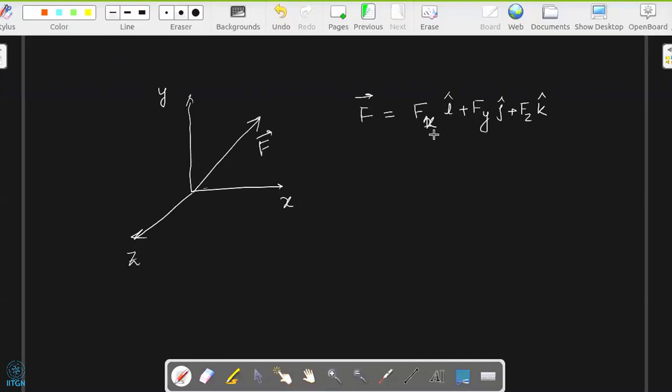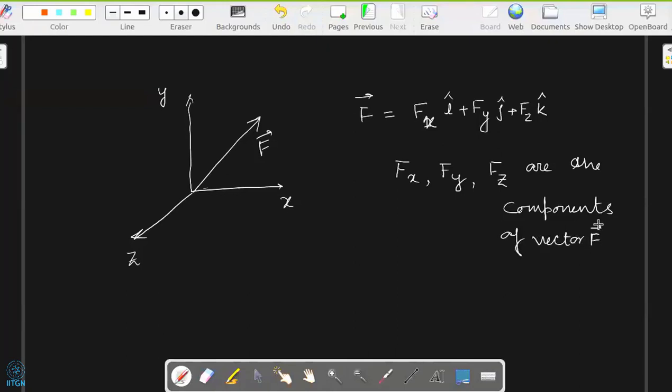So we can decompose this into three vectors where fx, fy, fz are the components of vector f along the x, y, and z axes, and these are scalar quantities. They show only the magnitude.